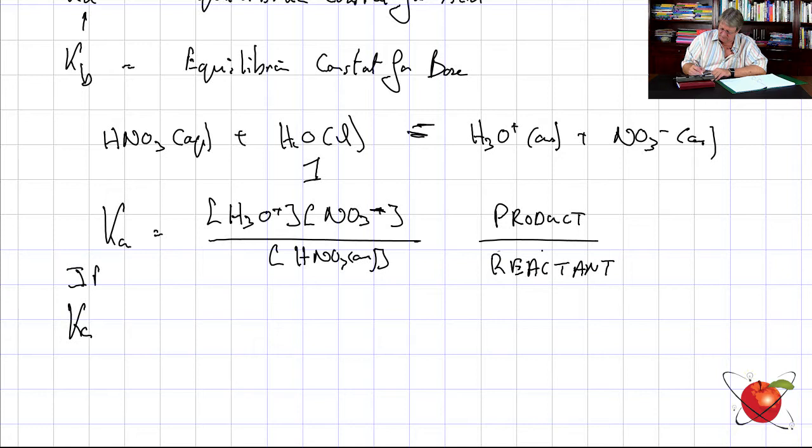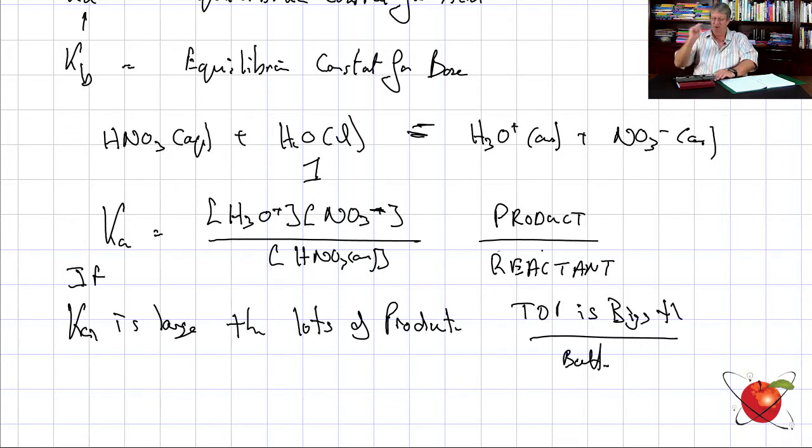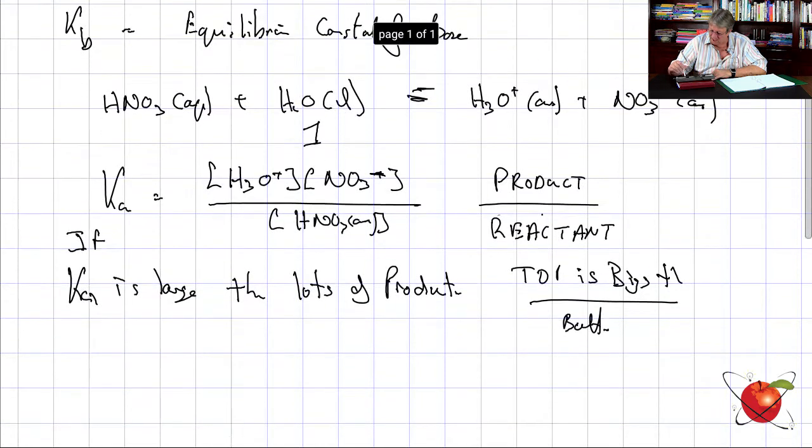If Ka is large, then we have lots of product, because the top is bigger than the bottom. 4 over 2 is 2, 6 over 2 is 3. The top is bigger, so we're getting lots of product.